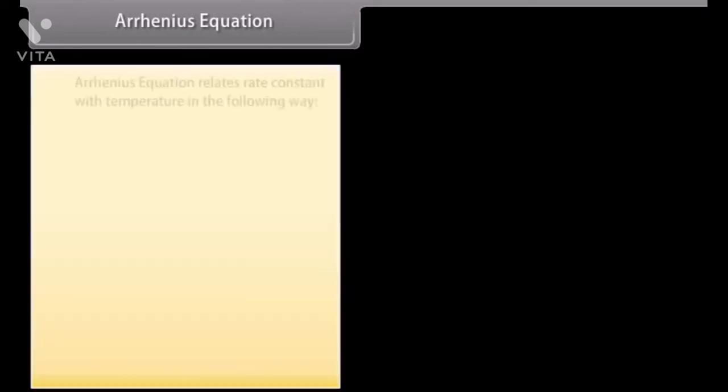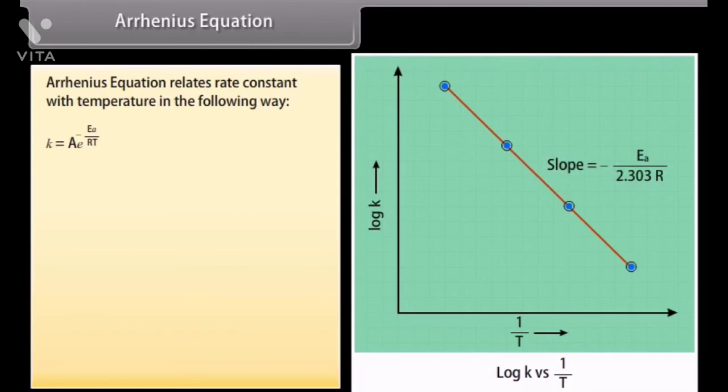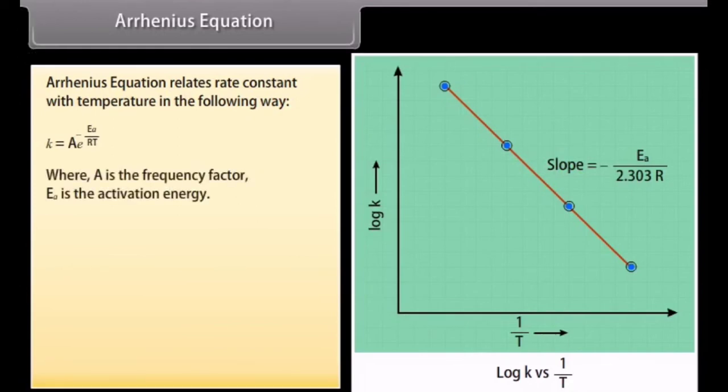Arrhenius Equation. The Arrhenius equation relates rate constant with temperature as K is equal to the product of A and e raised to the power minus Ea upon RT, where A is the frequency factor and Ea is the activation energy.